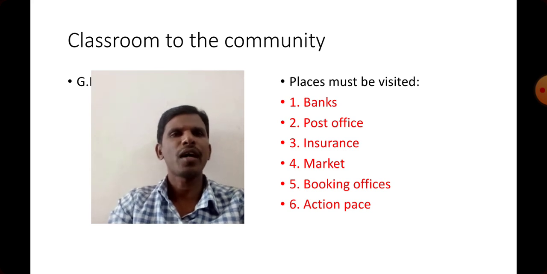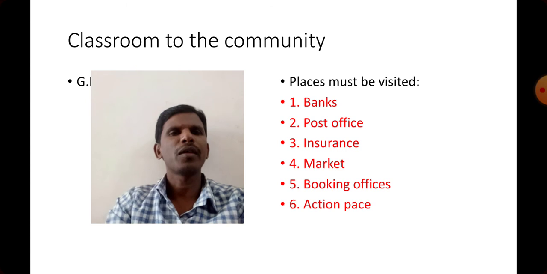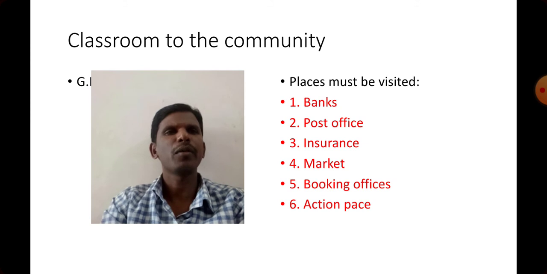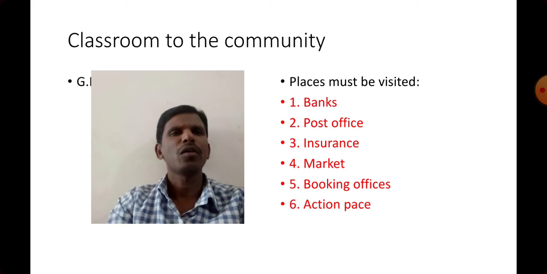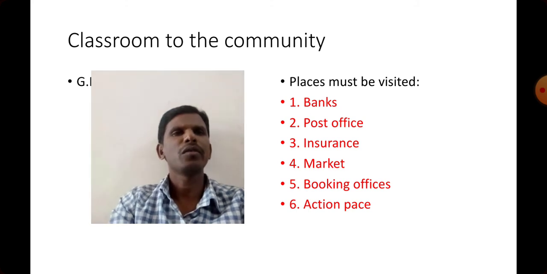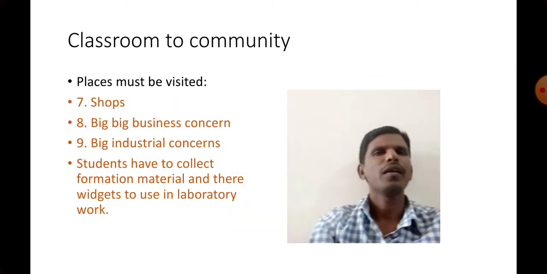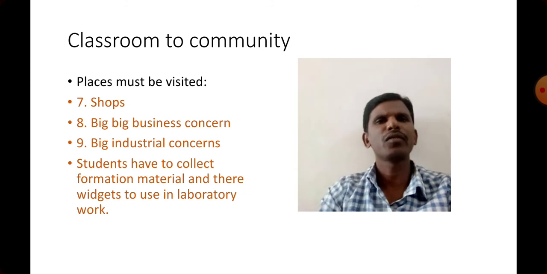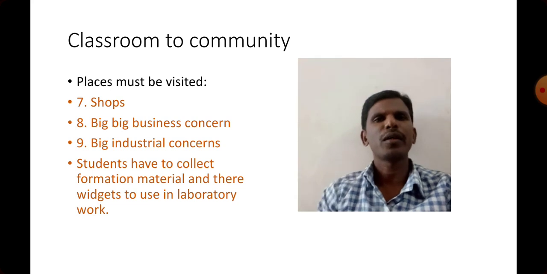The booking office and the auction place, with the auctions of chit funds and some private chits, or in other departments the auction of vehicles, cannot be brought to the classroom. So in these cases also, we have to move to these places to learn directly with first-hand experiences. If we go to the shops, we can learn so many things from there: profit and loss, discount, cost price, selling price, percentage of profit, and loss percentage.